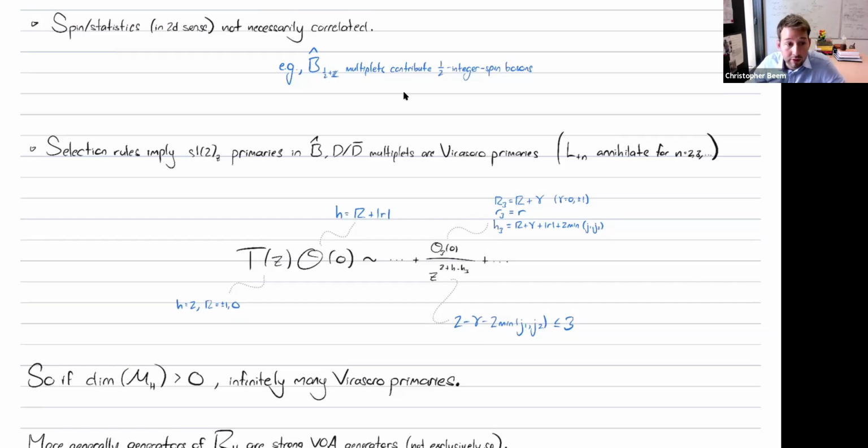And it's not correlated with integrality. Okay, so generally we're a little bit in the woods with these vertex algebras compared to what you will have spent your life running into if you come at this stuff through two-dimensional unitary CFT.